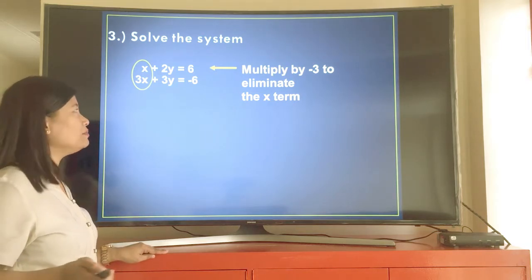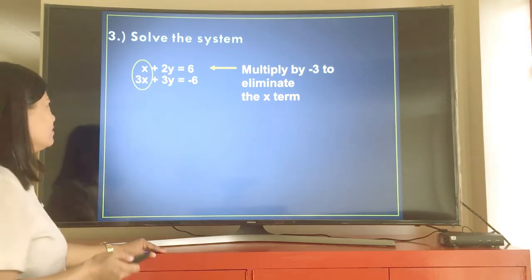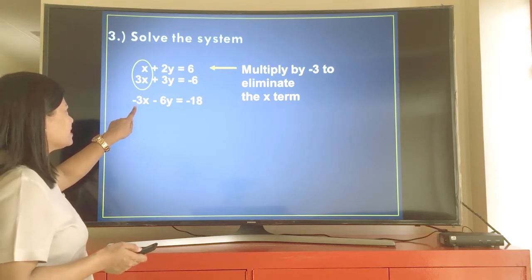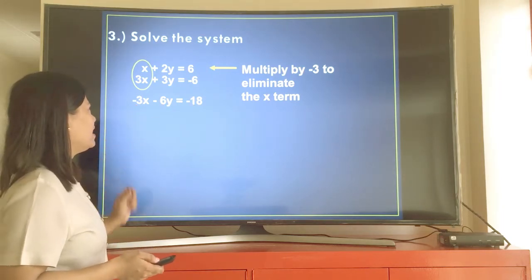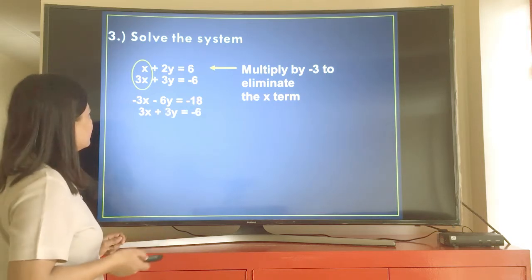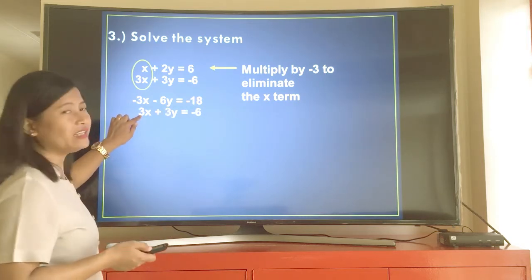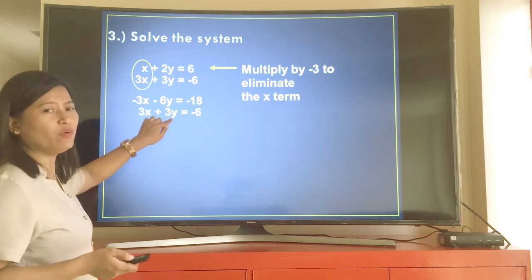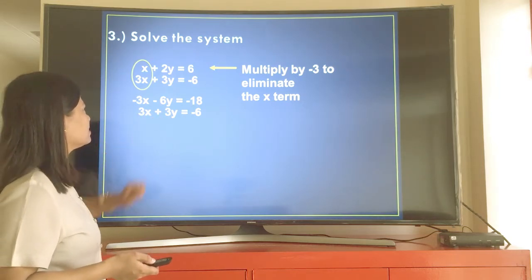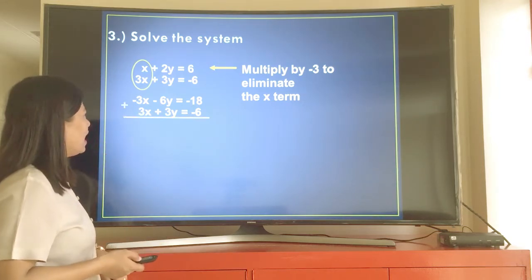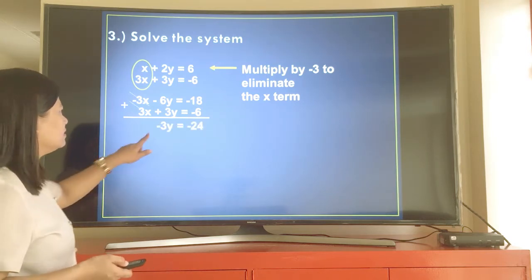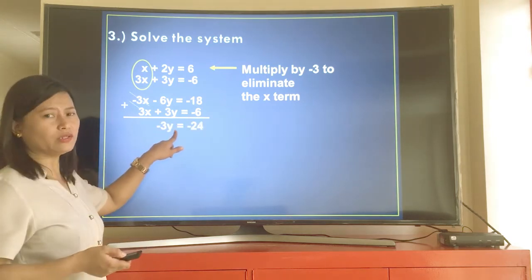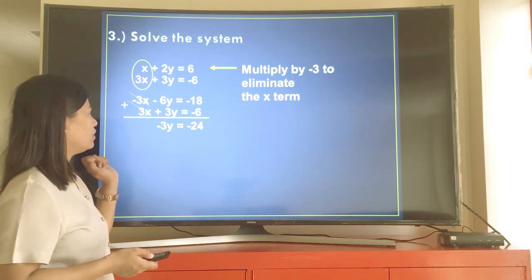Multiplying equation 1 by negative 3, we have negative 3x minus 6y is equal to negative 18. Copy the second equation, 3x plus 3y equals negative 6. Adding them, we have negative 3y is equal to negative 24.